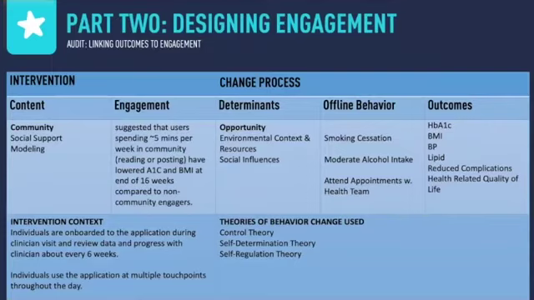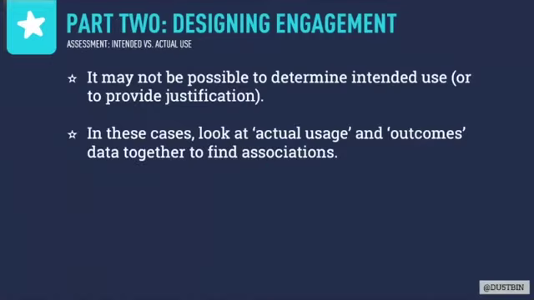We can think about supporting autonomy and competence from self-determination theory. We can think about helping people regulate their behaviors. So we want to be able to jot down outcomes, behaviors, the determinants that need to move for behaviors to happen, the content that we have, and the expected engagement and usage patterns.